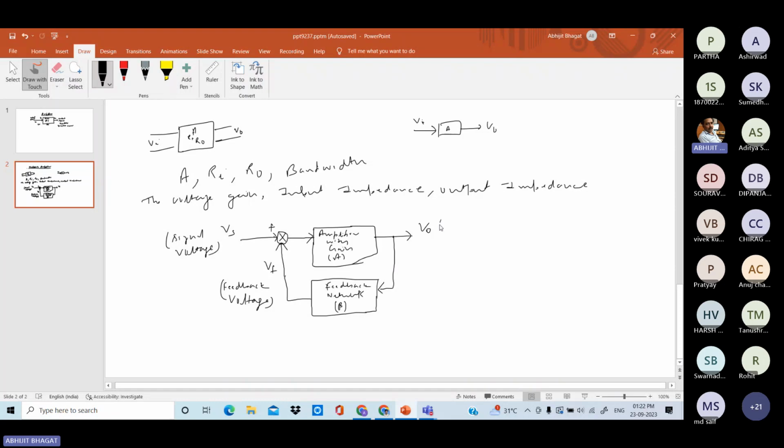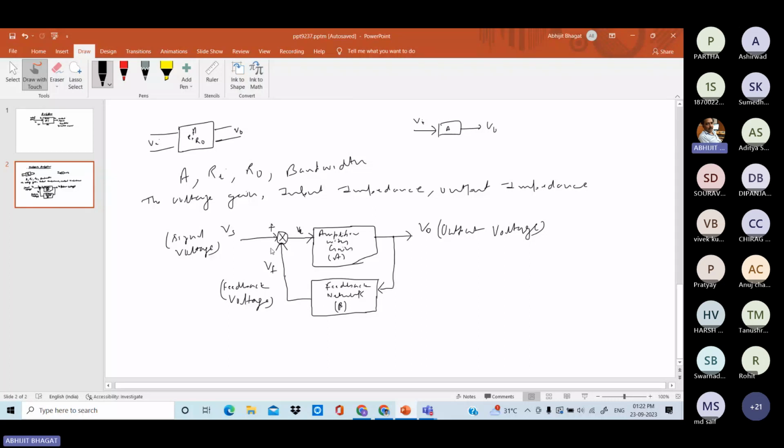V0 is the output voltage, and Vi is the signal which is going to the amplifier.